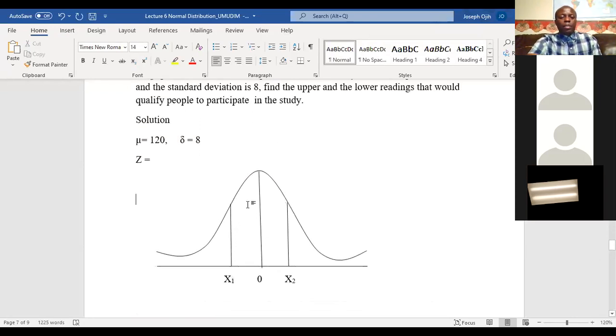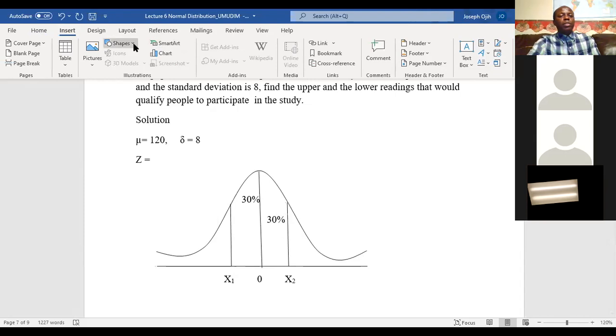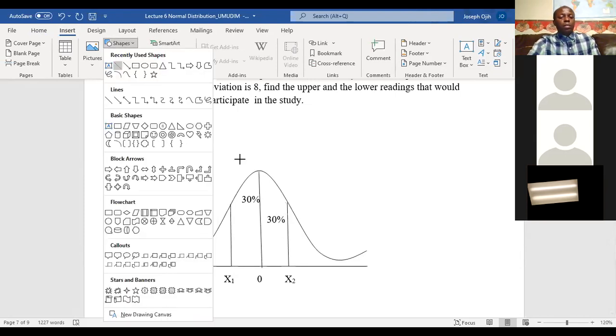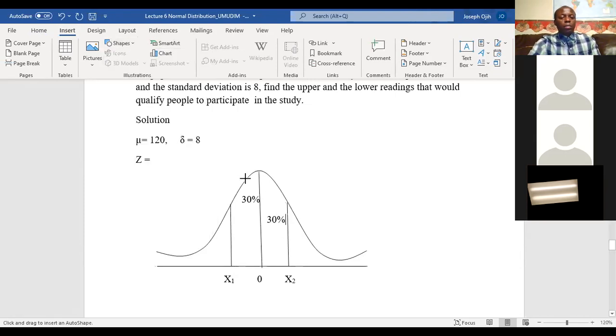That means it's going to be 30% here on the left side, and 30% here on the right side as well. When I add 30 plus 30, that gives you 60. So that's what you're going to shade for the middle 60%.